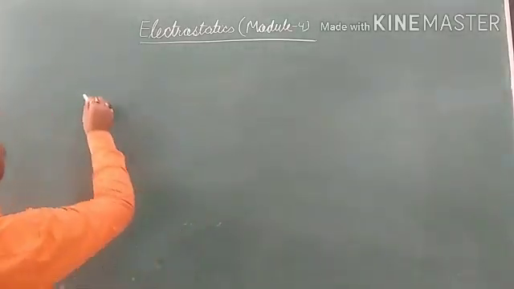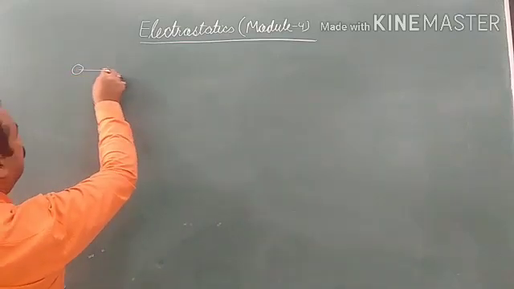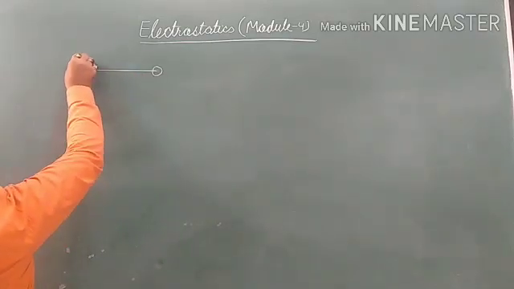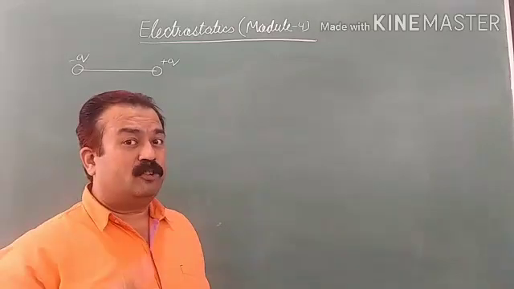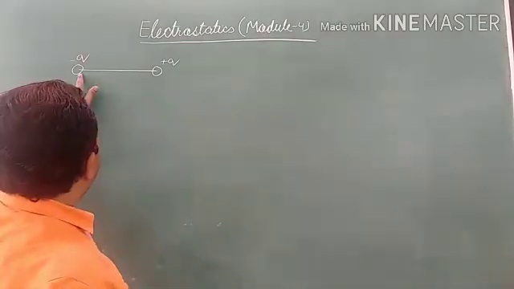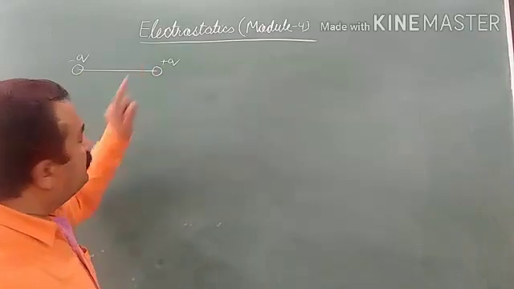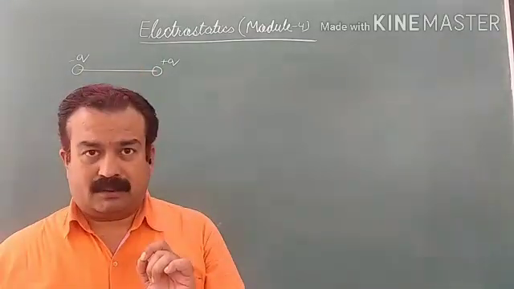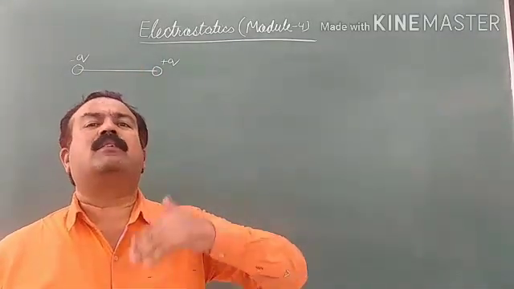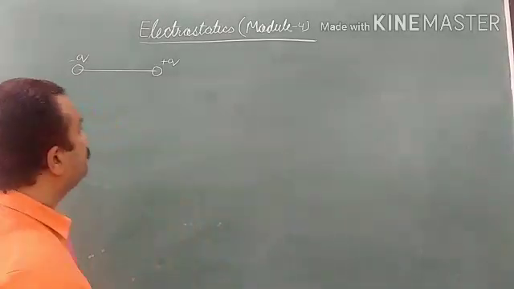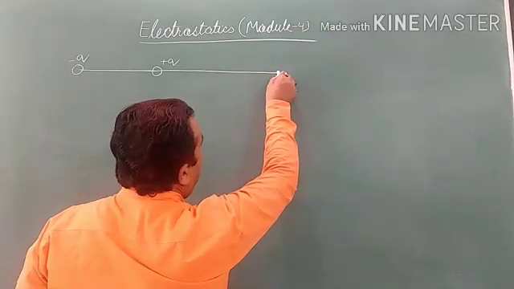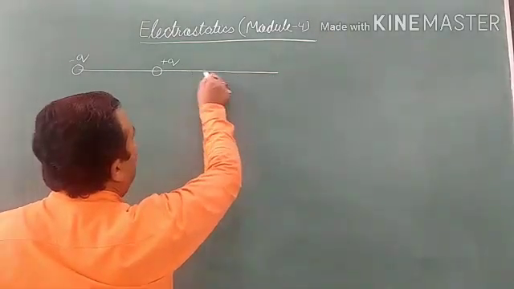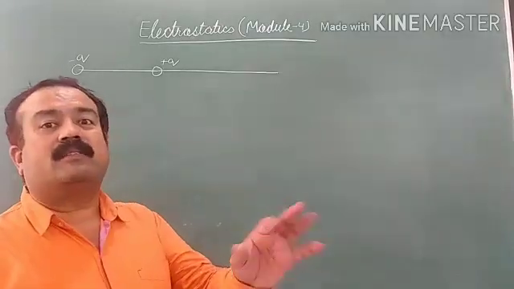If we have an electric dipole, then the line that passes through the center of the charges and extends in one direction is called the axial line.